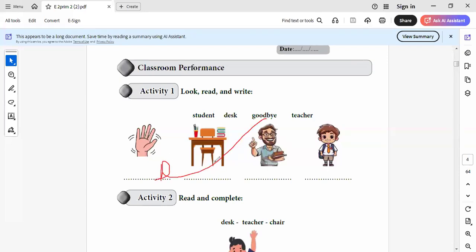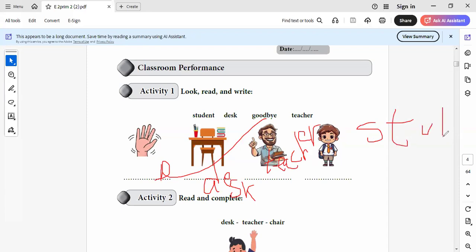What is this? This is the desk. This is called desk. What is this? This is called teacher. So I write teacher here. What is this? This is a student.